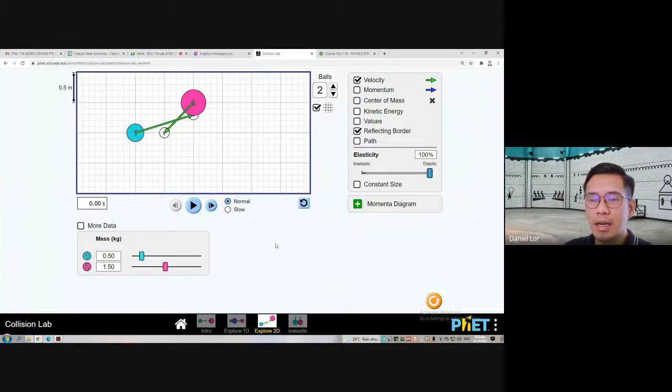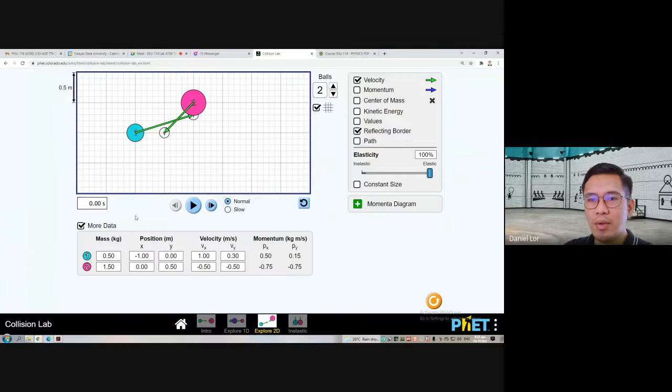Okay, so the kinetic energy can be solved using the formula 1/2 mv squared. Again, kinetic energy is 1/2 mv squared, wherein your m is the mass of the object, v squared is the resultant velocity. Please take note that the velocity v is the resultant velocity.